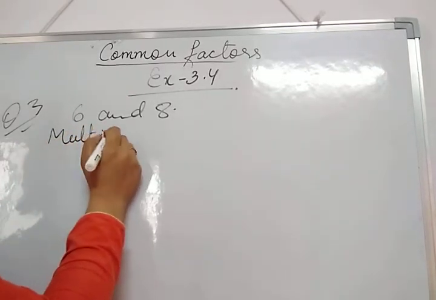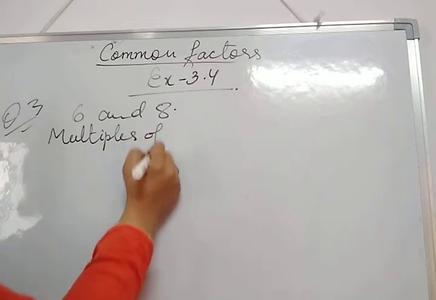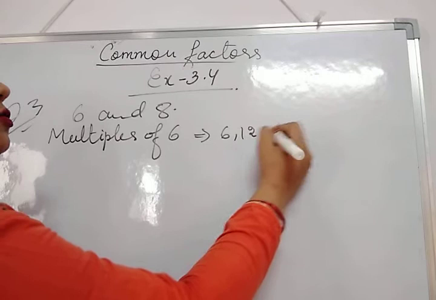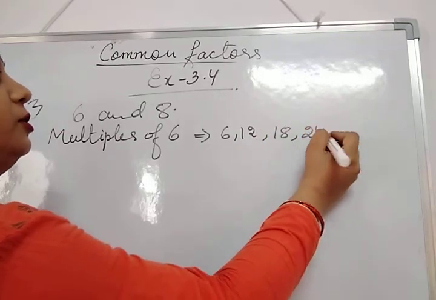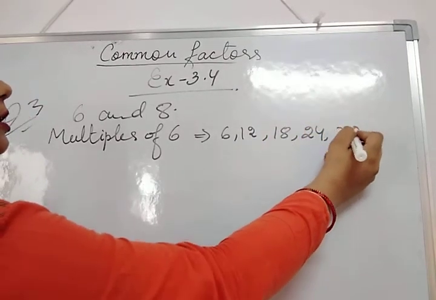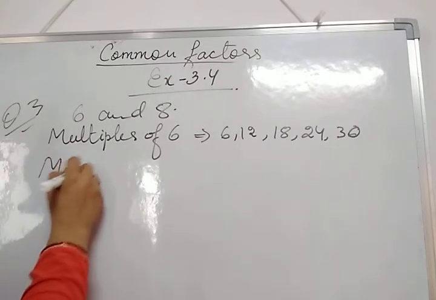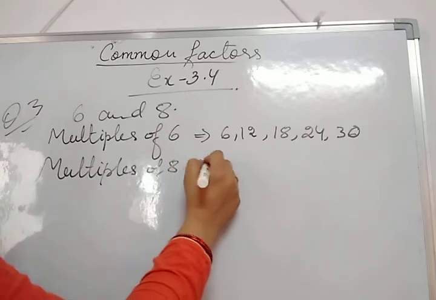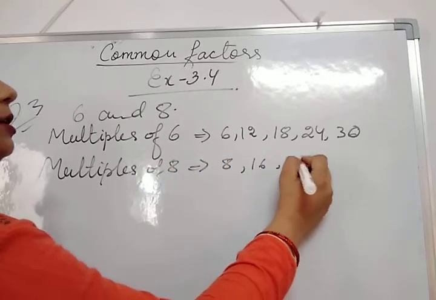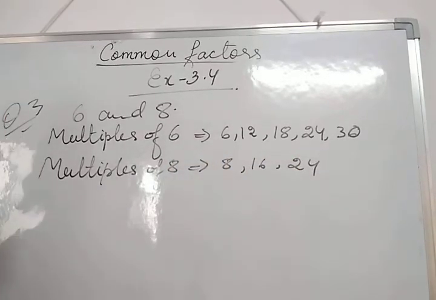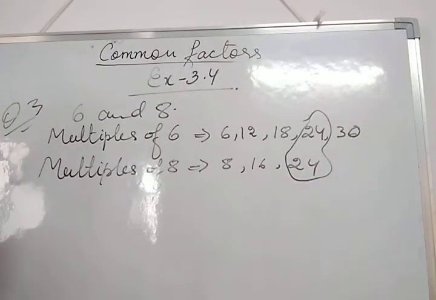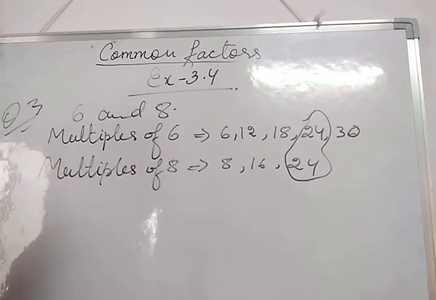So for that we will write down the multiples of 6: 6, 12, 18, 24, 30. Then we will write the multiples of 8: 8, 16 and 24. We have got our first common multiple, 24.